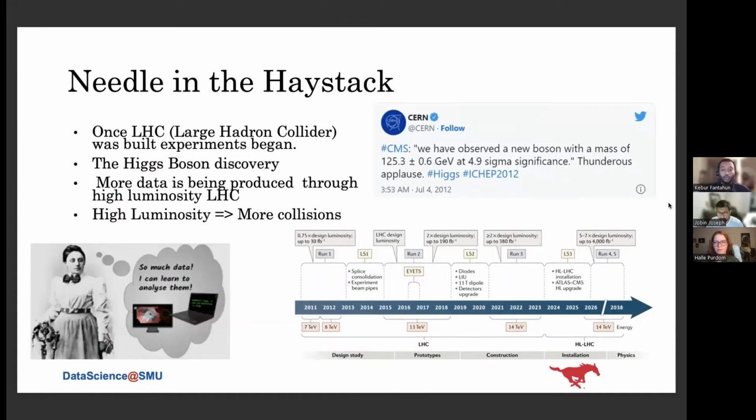So we have the needle in the haystack. A really good example of this needle that we happen to find is the Higgs boson. It turns out that the significance of finding this is about 5 sigma, and the probability of finding something like that, to be so sure of it, is 1 in 3.5 million, which is very rare.